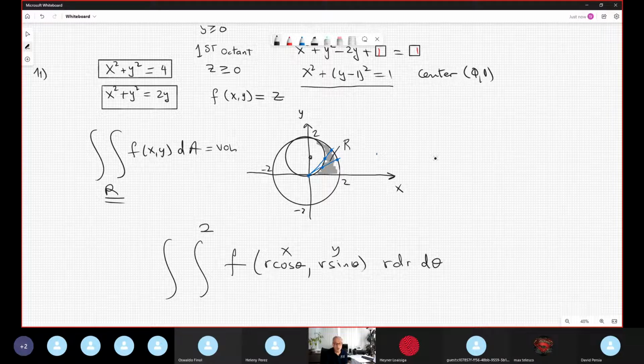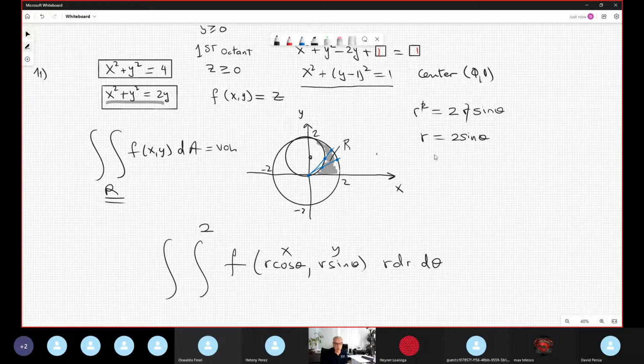The other is not clear. But I go to the equation, this equation, and I convert it to polar. X squared plus y squared is r squared. 2y, who is y? R sine theta. Cancel out at least one r. R is equal to 2 sine theta.